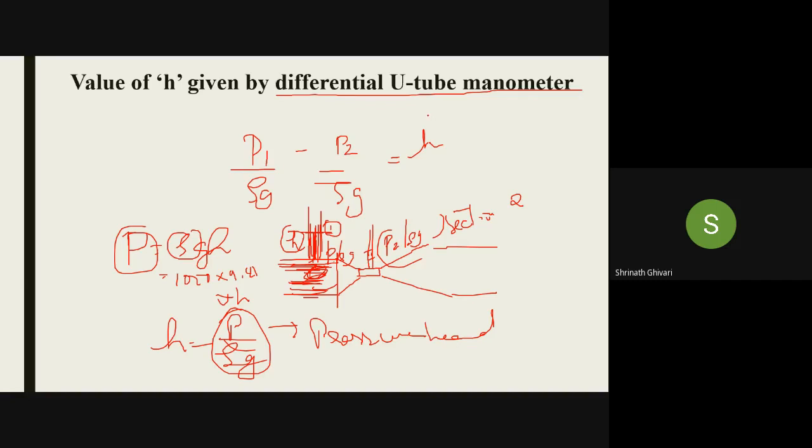We have studied differential manometers and simple manometers. With a differential manometer, we determine the difference of pressure at two sections of the same pipe, or in two different pipes. That is the point. That's why we are taking H as the difference between the pressures.